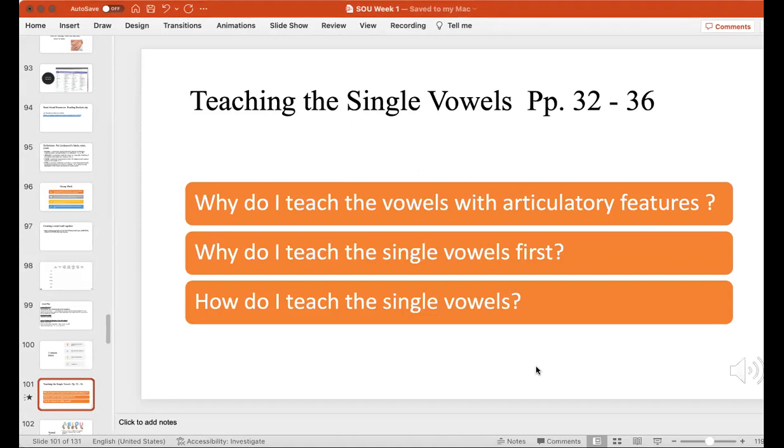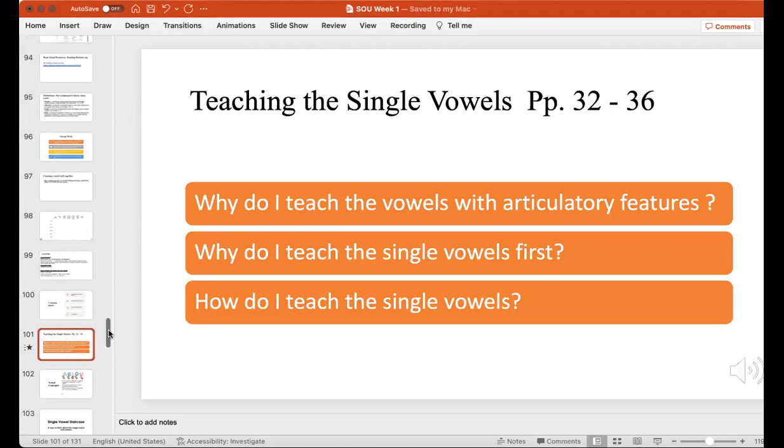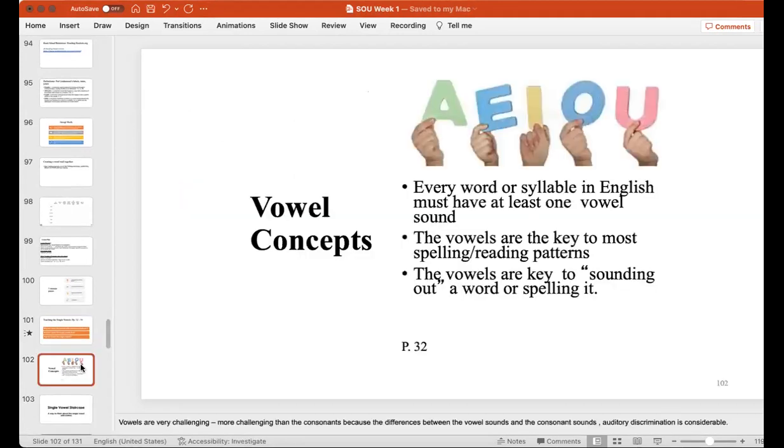But the single vowels have very minute sound differences. So we want to teach our students how they use their articulatory gestures to make the single vowels. Most words and syllables in the English language have these single vowels, A, E, I, O, U, and that's why we want to teach them.